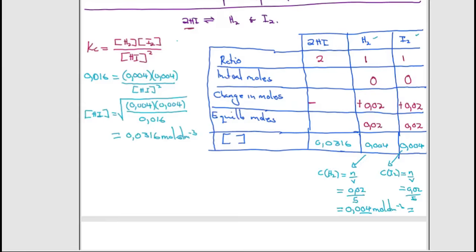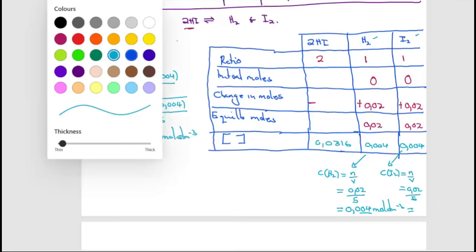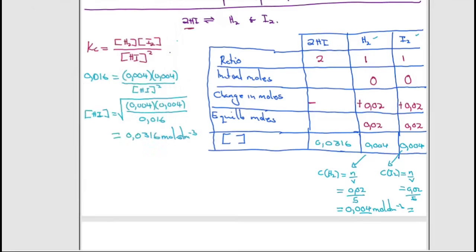Now for me to get my equilibrium moles, we need the number of moles at equilibrium. How do I calculate the number of moles? I need the concentration of HI. Let me change color so there can be a demarcation. Why do I use this formula, n over V?